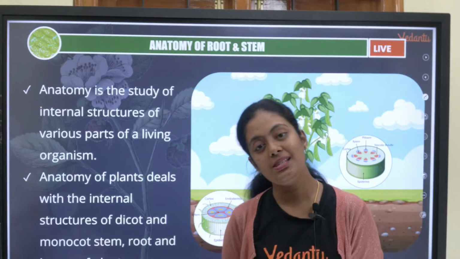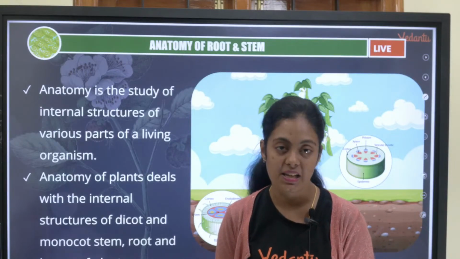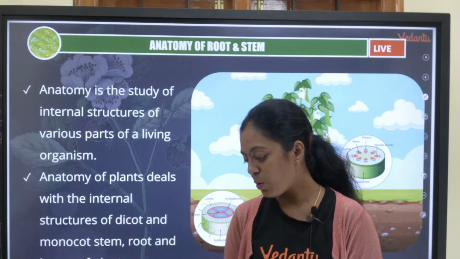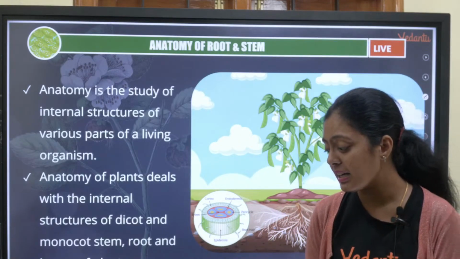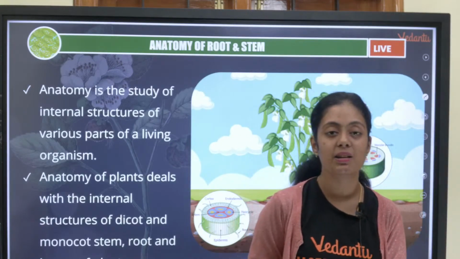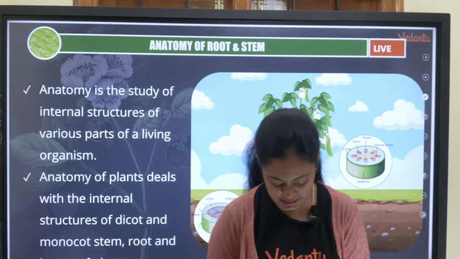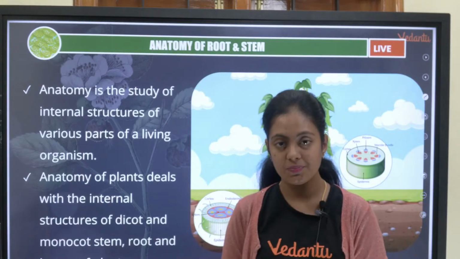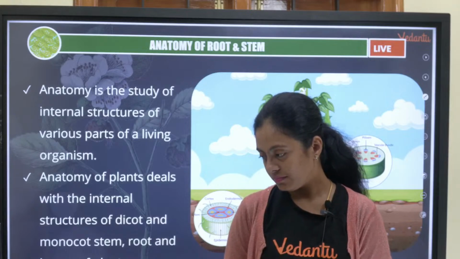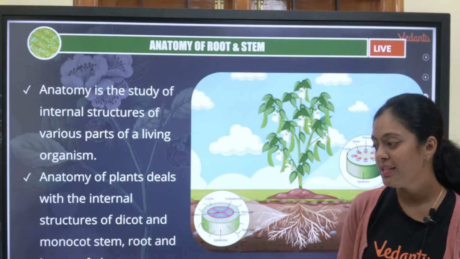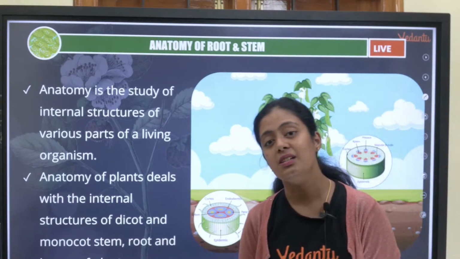Protoxylem away from the center is what we call exarch. Where do you see this endarch condition, in the root or the stem? It is seen in the stem. Exarch is seen in the root.